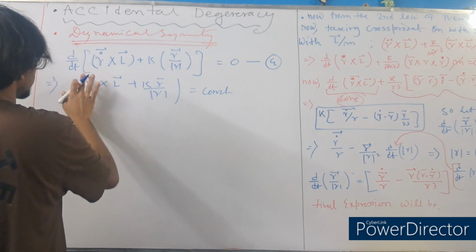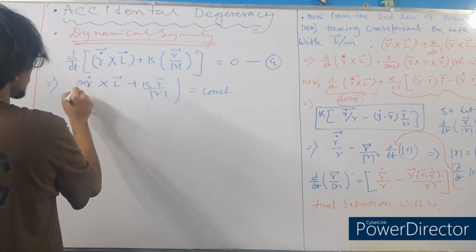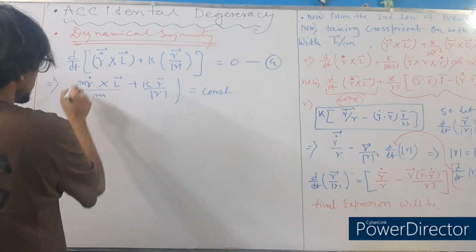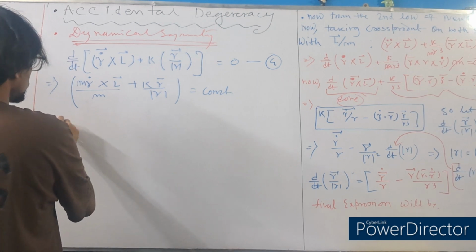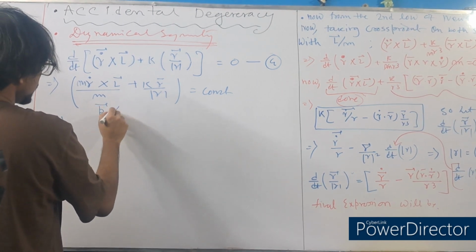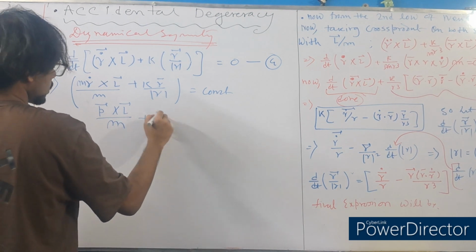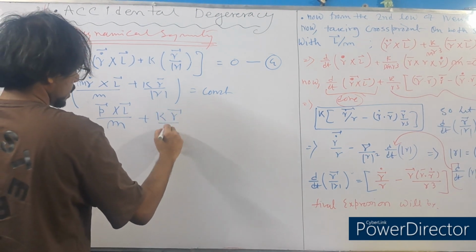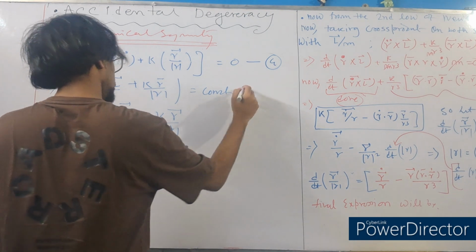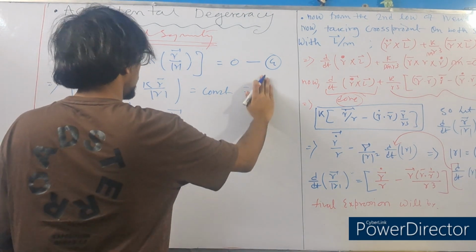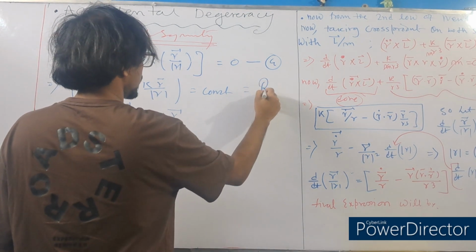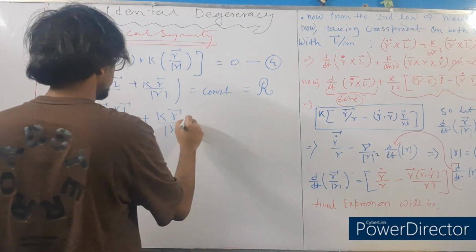I can add an m here divided by an m here. So this whole thing will be p cross L by m plus k r vector by mod r. Let us say this constant is some kind of a curly R. Okay, I am writing it like this.